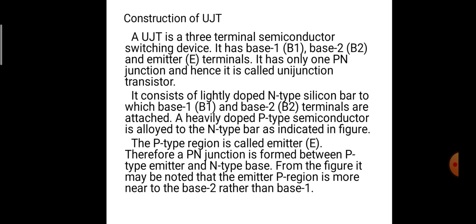The P-type region is called emitter. Therefore, a PN junction is formed between the P-type emitter and N-type base. From the figure, it may be noted that the emitter P region is nearer to base 2 rather than base 1.